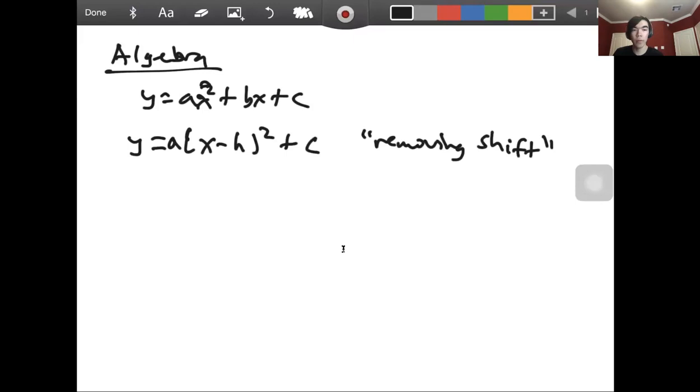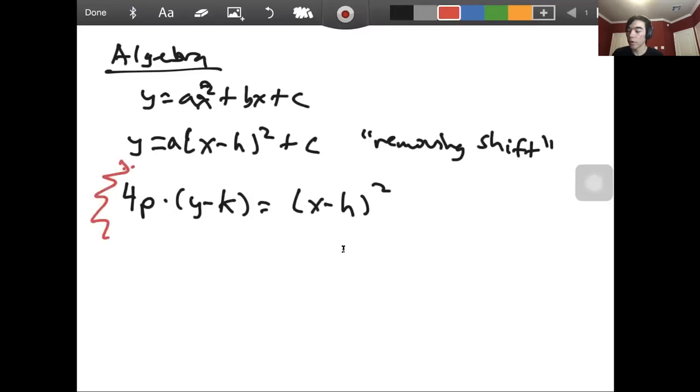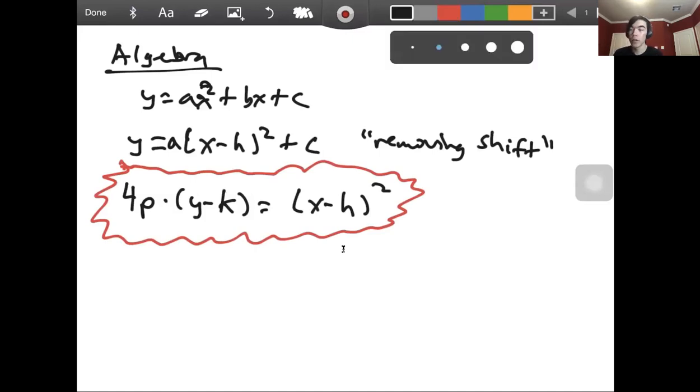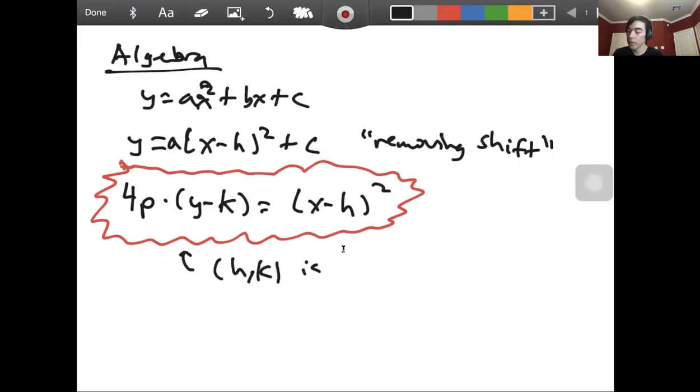And then there's this important formula, which is 4p times (y minus k) equals (x minus h) squared. Now, this is a formula you guys need to remember. You can derive it on your own, but we don't really have time for that. So this is the formula where (h, k) is the vertex. The vertex is this bottommost point. And p is the distance from the vertex to the focus.